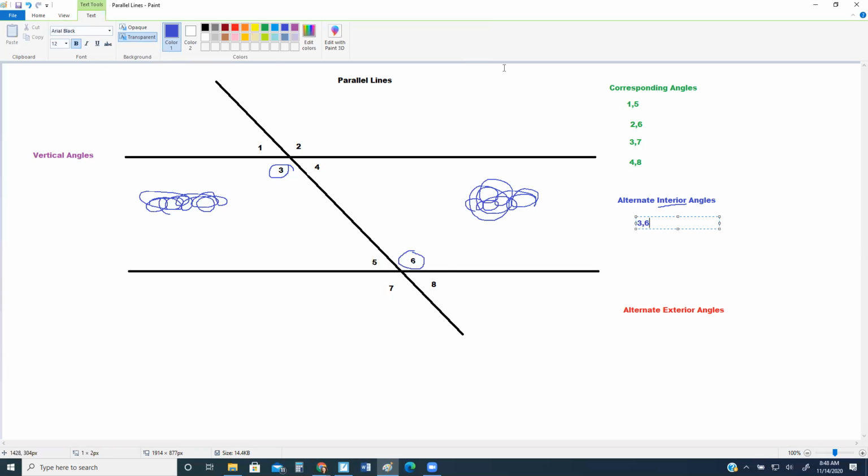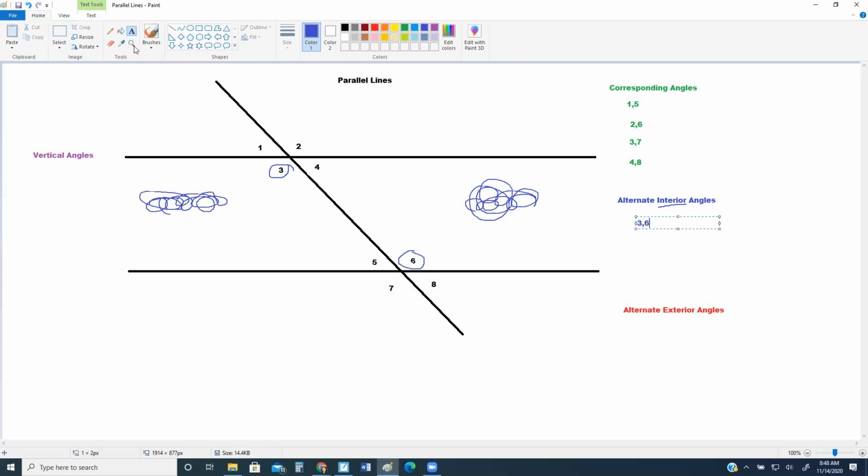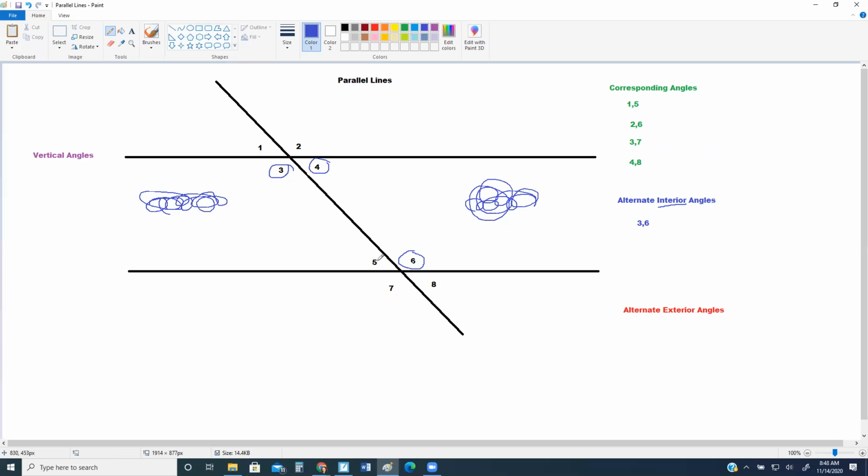And then the other set that we have, if we go back to our pencil, we have 4. Let's hop over this transversal and go down, and looky, there's 5. So 4 and 5 are alternate interior angles, and they are always going to be congruent.